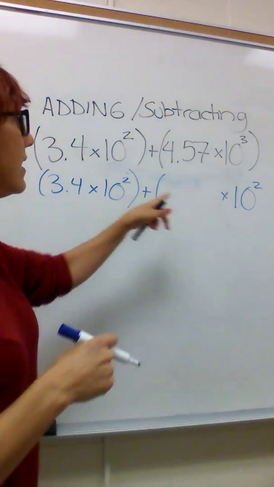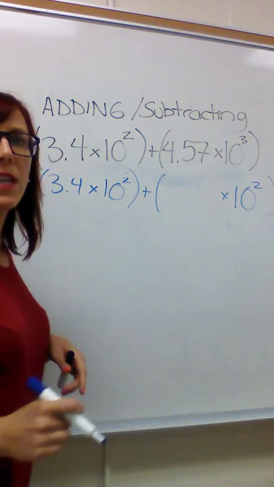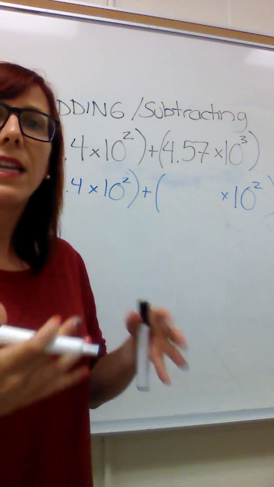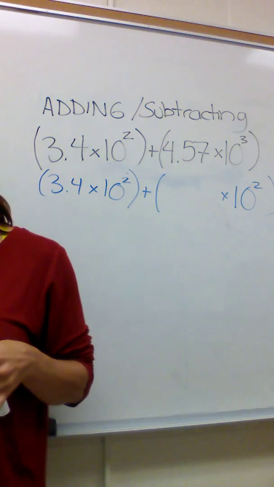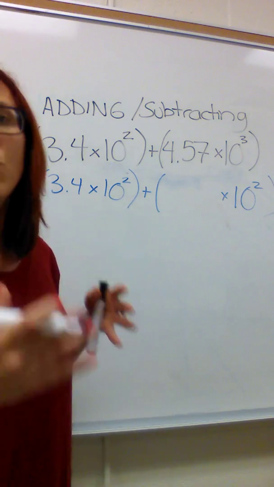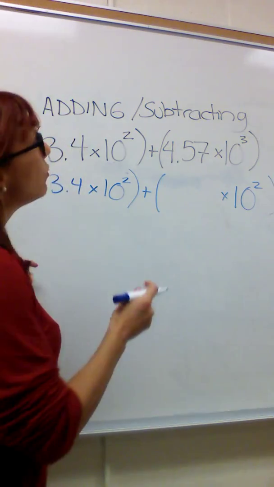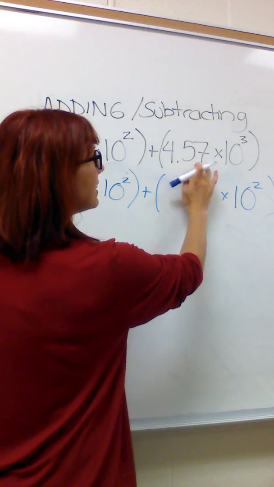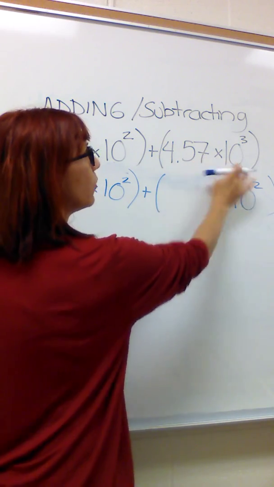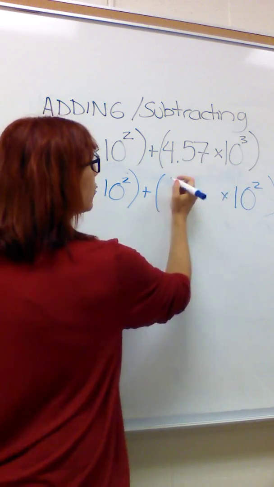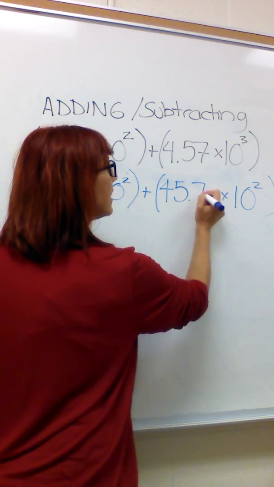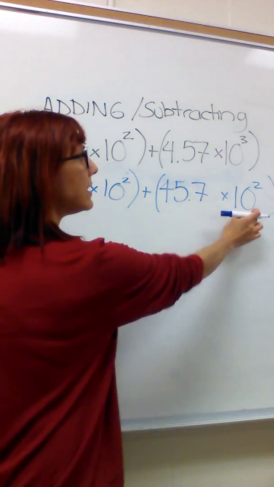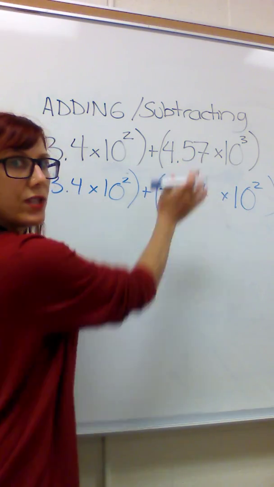If we want this 4.57 to be 10 to the exponent 2, not 3, we need to move our decimal. So we need to move our decimal to make this number equal to what this number would be. If we moved it to 45.7 times 10 to the 2, that should equal the same.